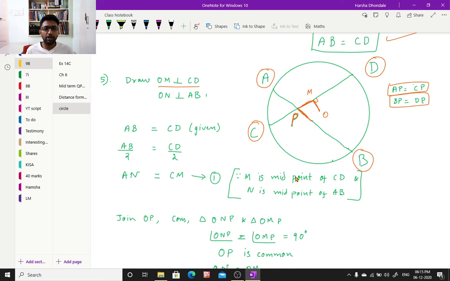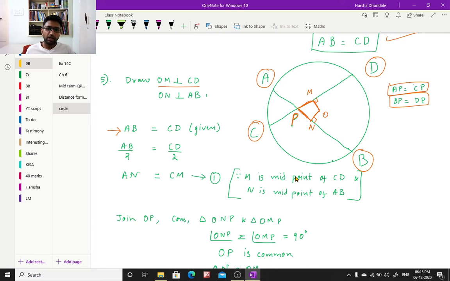Next, draw ON perpendicular to AB. ON, and this is perpendicular to AB. Now AB is equal to CD. This is given. AB by 2 is equal to CD by 2. I am dividing both the sides by 2.